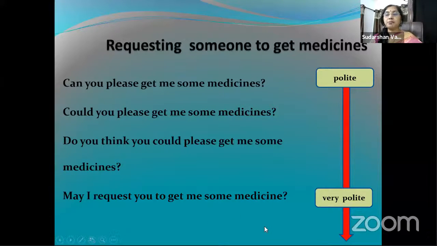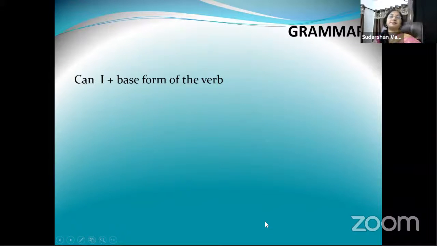So this is important. What is the grammar behind? Can I plus base form of the verb. What is the base form of the verb?